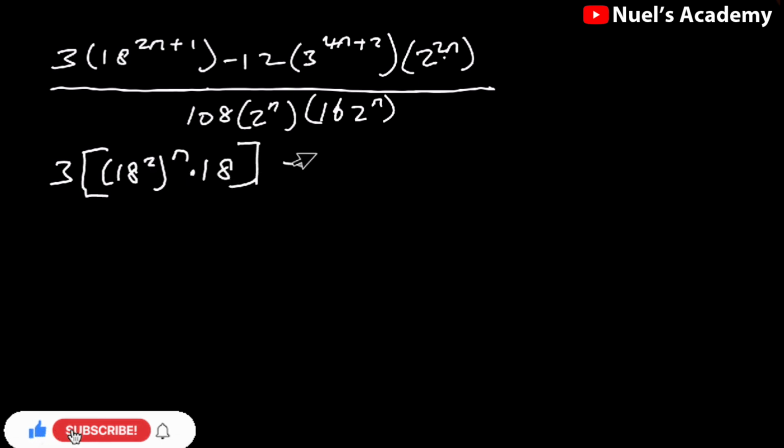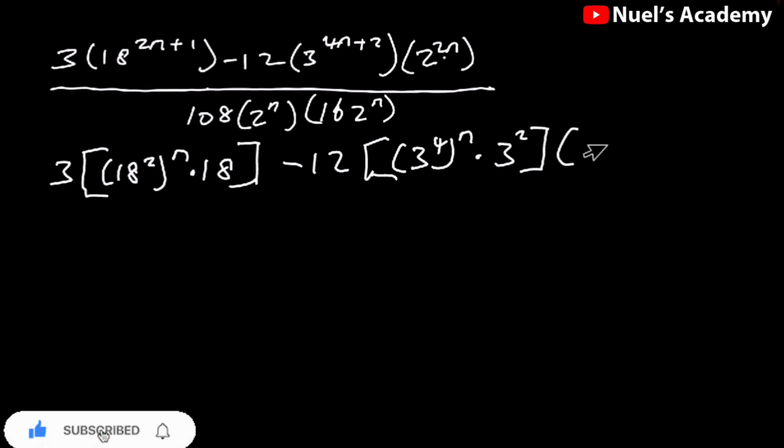Then we have minus 12. Then we are going to replace 3 raised to the power 4n plus 2 with 3 raised to the power 4 all raised to the power n, then multiplied by 3 raised to the power 2. Then we have 2 raised to the power 2n, which we are going to replace with 2 raised to the power 2 all to the power of n.